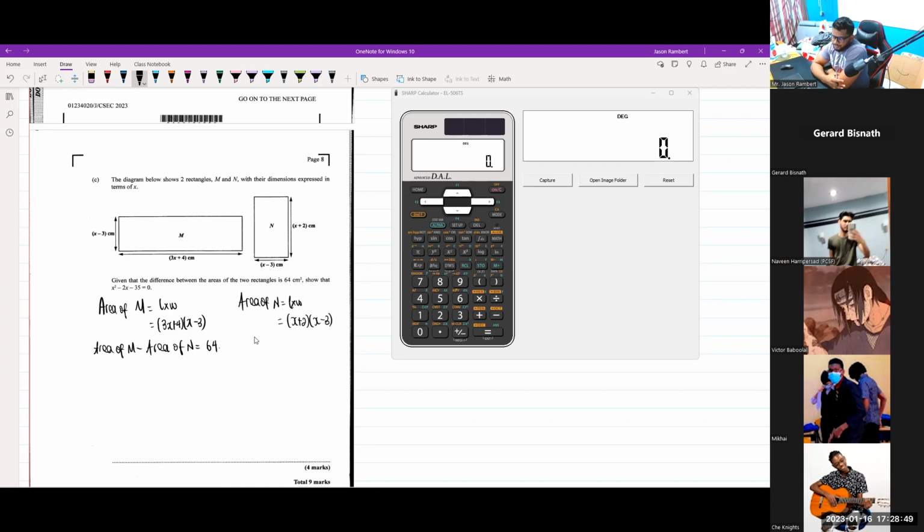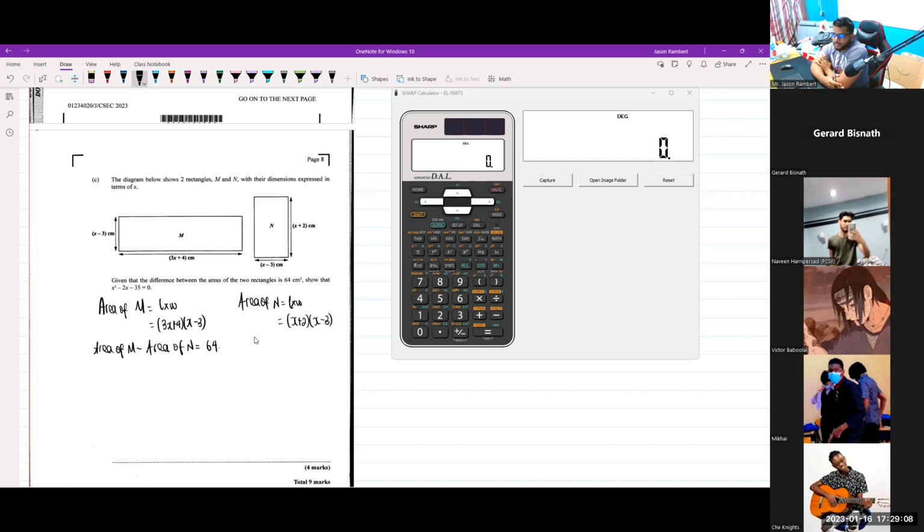Now, it would be very natural to put area of M take away area of N. And this is where the question would have fallen short.